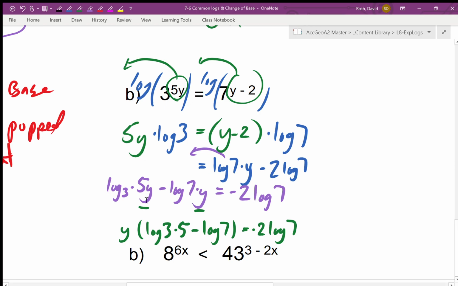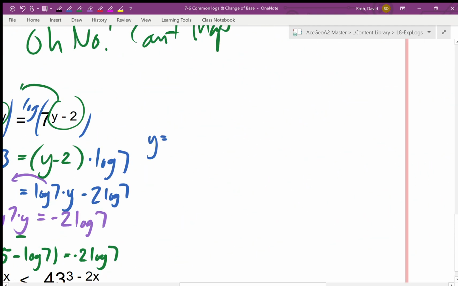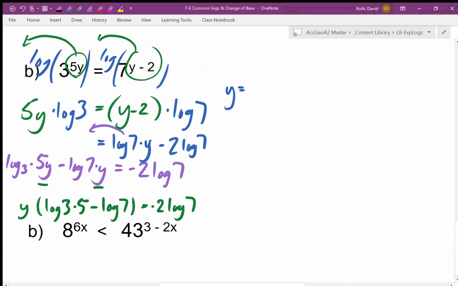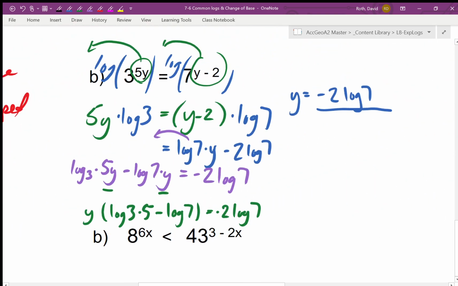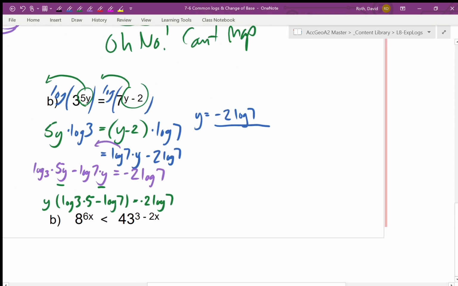I'm really close to solving this for y. And so y is equal to negative 2 log 7 divided by log 3 to the 5 minus log 7.